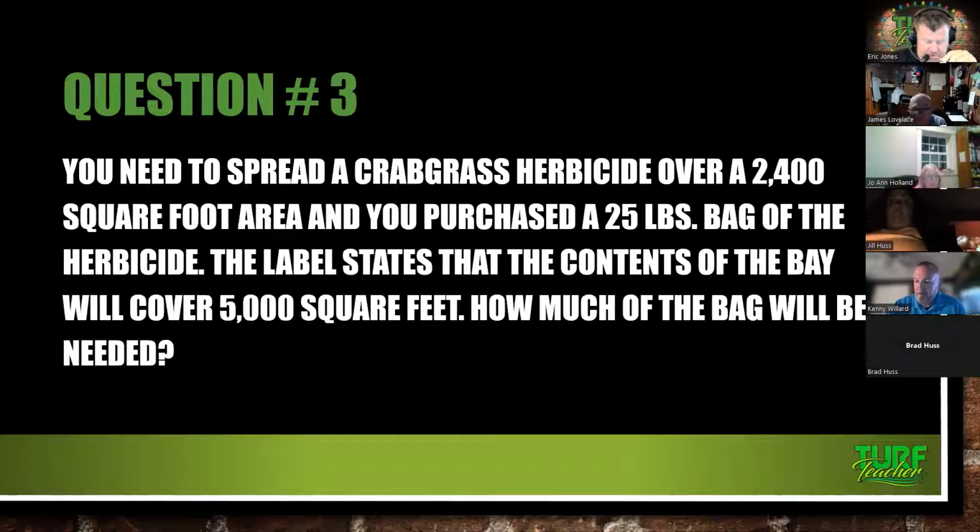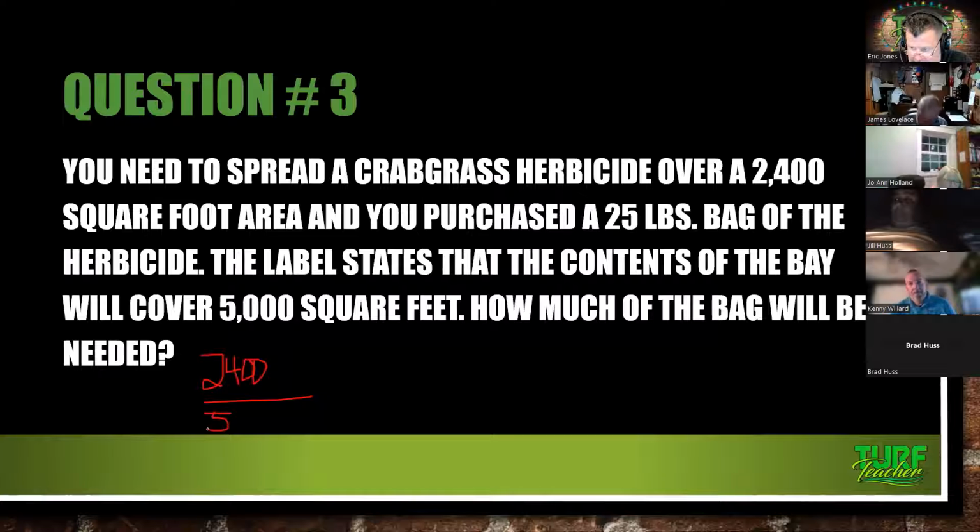Okay, question number 3. You need to spread a crabgrass herbicide over a 2,400 square foot area, and you purchase a 25-pound bag of herbicide. Very seldom do we do that. The label states that the contents of the bag will cover 5,000 square feet. How much of the bag will be needed? So we have our 2,400 square feet divided by 5,000.